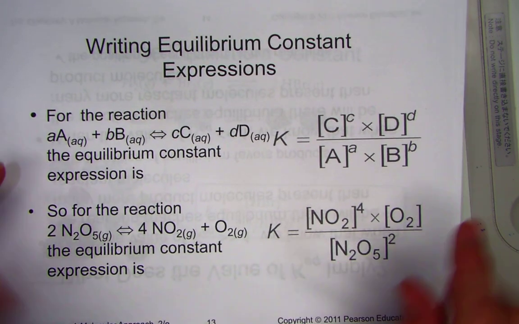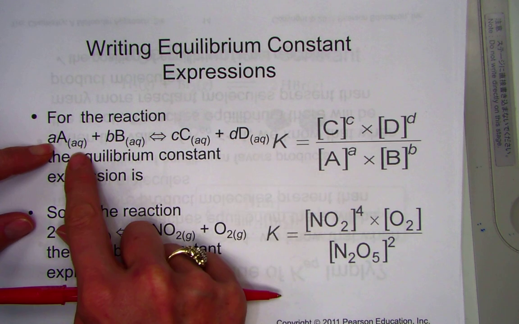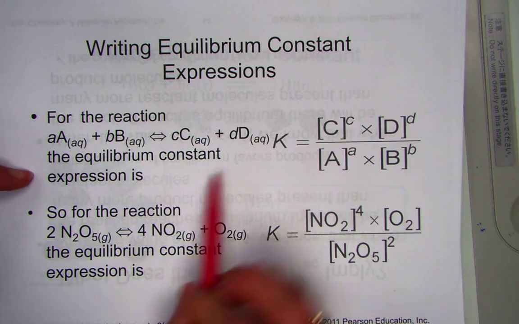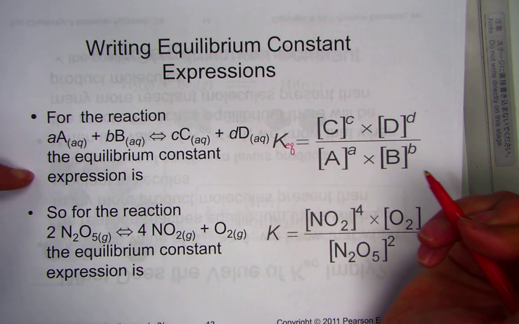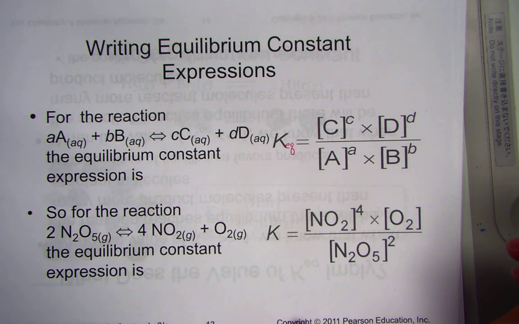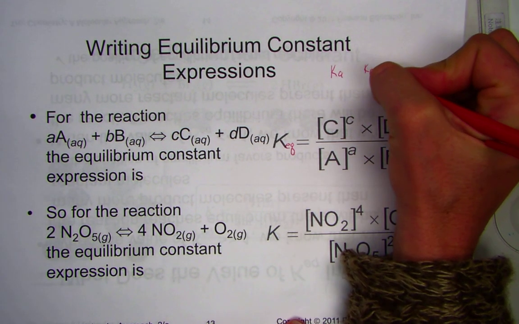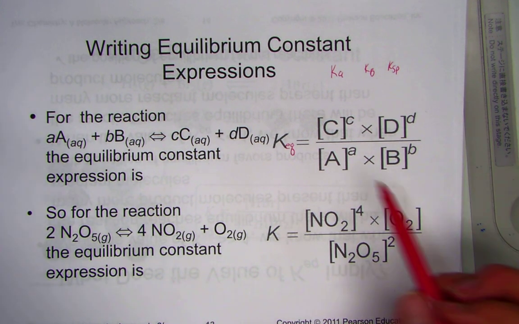So for the reaction where A plus B makes C plus D, notice that these are all aqueous, so they have a molarity unit. The equilibrium constant, often I see that as EQ. KEQ is what you're going to see me write if I do this. Later on we'll have KAs for acids, KBs for bases, KSPs for solubility products of salts.